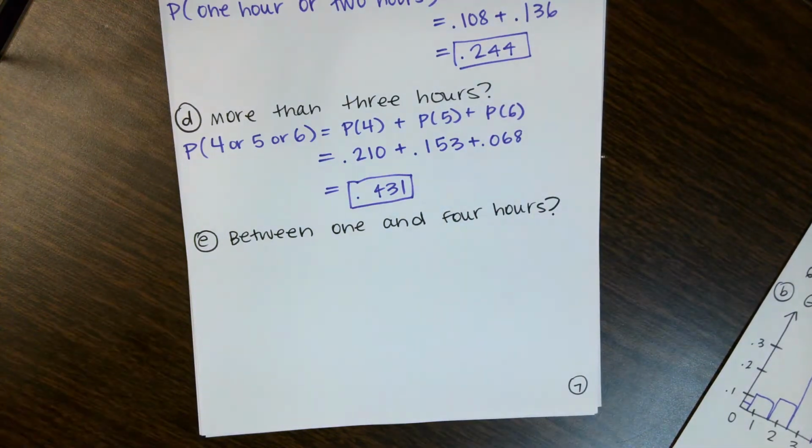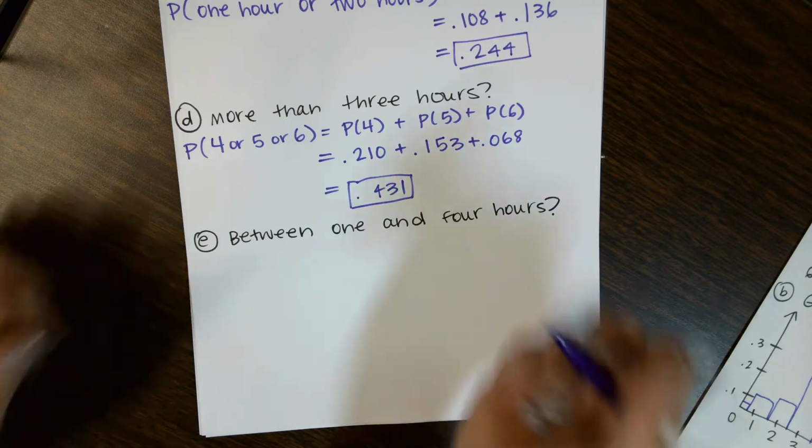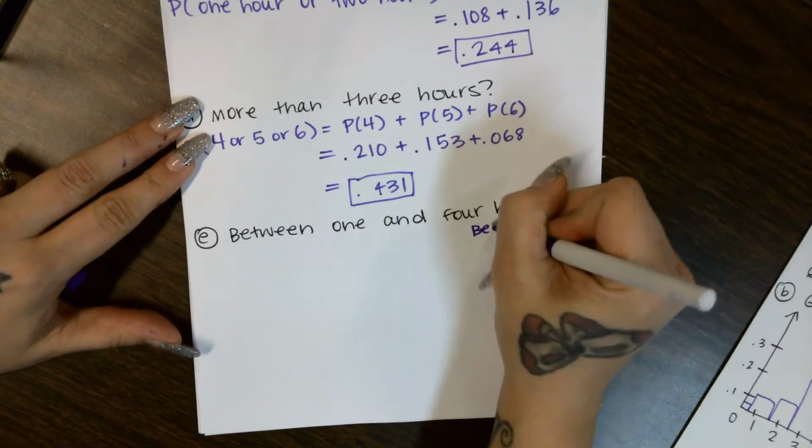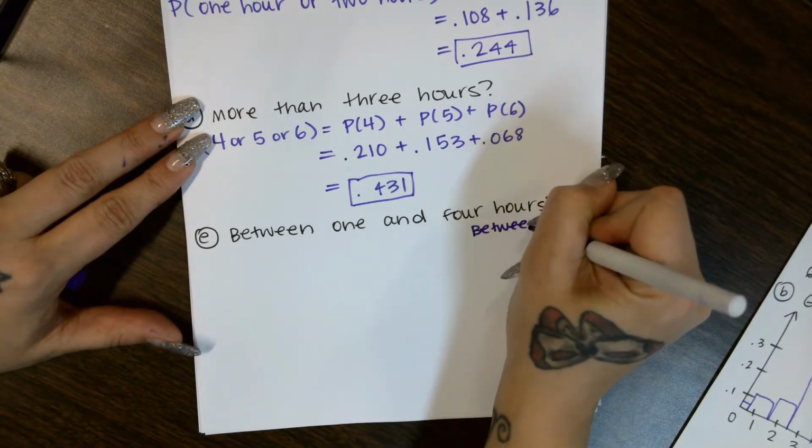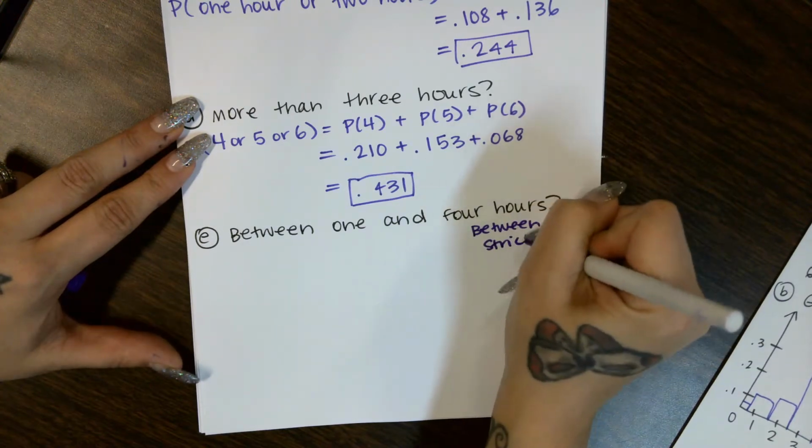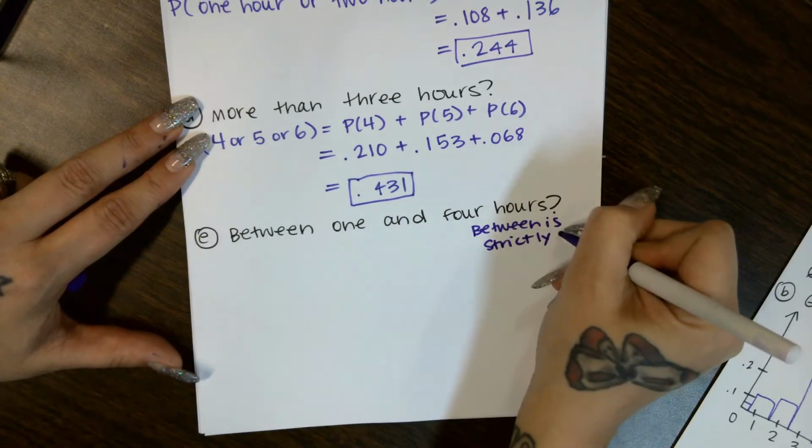Between. Between means that it is strictly greater than or less than. And if we want, we could write that somewhere. Between is strictly greater than or less than.